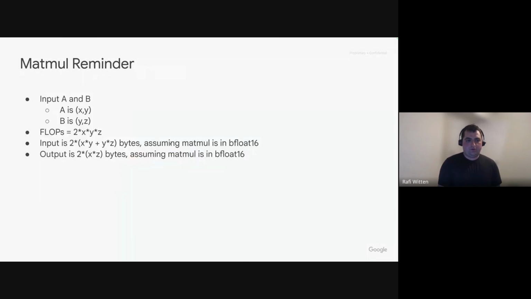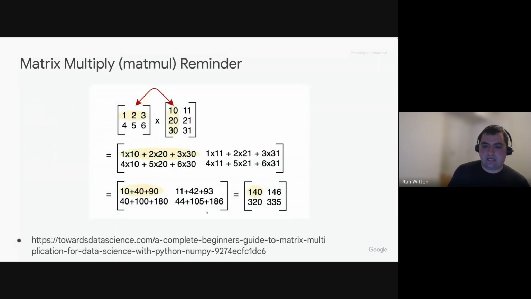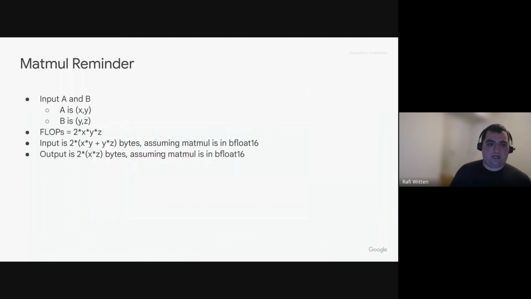So A is of size X by Y, B is of size Y by Z. The number of flops is 2 times X times Y times Z. The number of outputs is X by Z, and the number of flops per output is 2 times Y, because there are Y components, and for each one there's a multiplication and an addition. And then the output is going to be 2 times X times Z bytes.